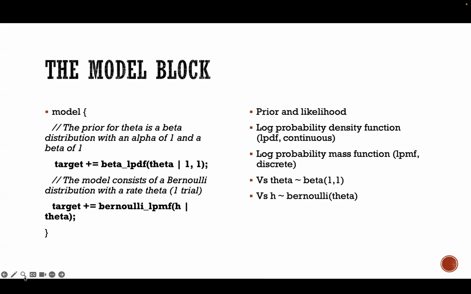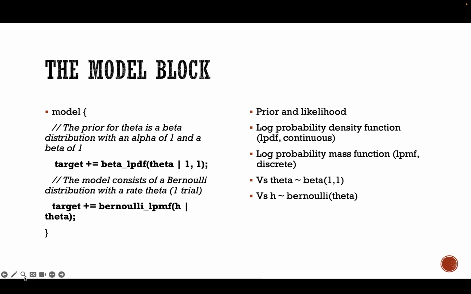I see you have a question blossoming there. No, it's just the target. So the target could have been called log posterior. We have here the log posterior, right? Yeah. So target, yeah. But basically what target is saying is this thing is not just the effect of the beta log probability density function, but it's a function of all the probability density and mass functions that we have in this model at the same time.